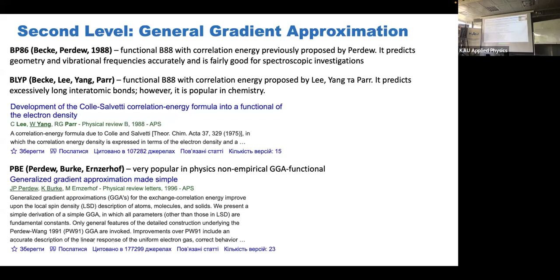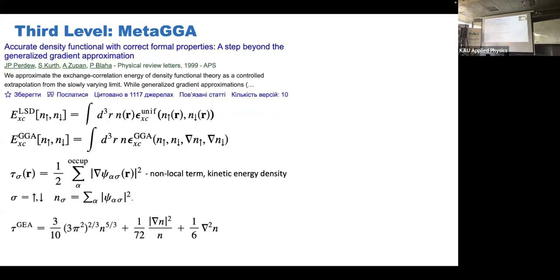It's non-empirical. There are no parameters which you should take from somewhere. Yeah, that's cited, I think maybe near 108,000 times by now.